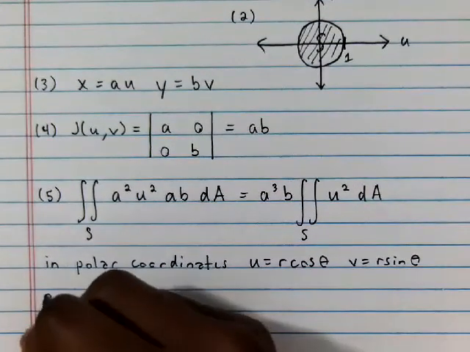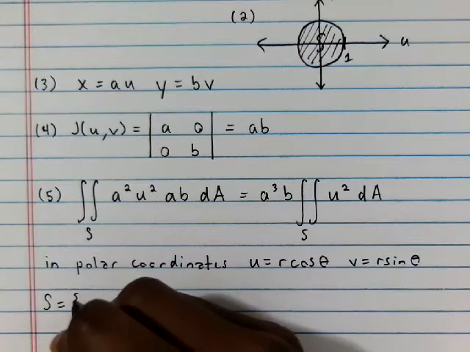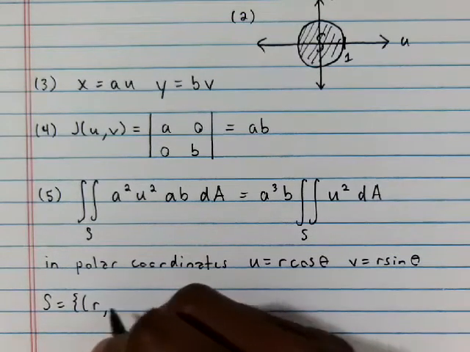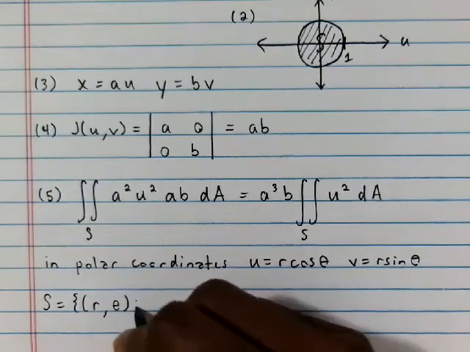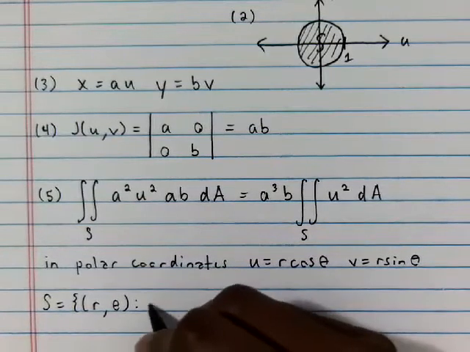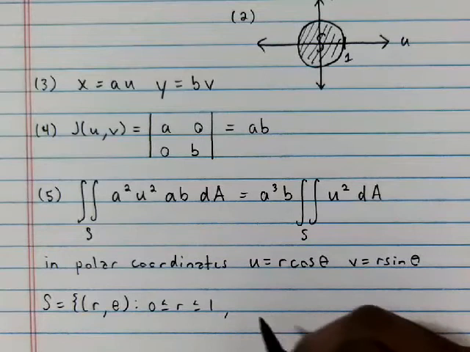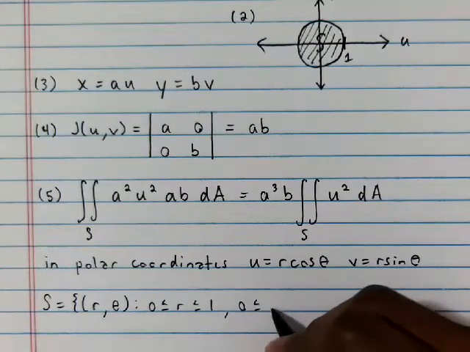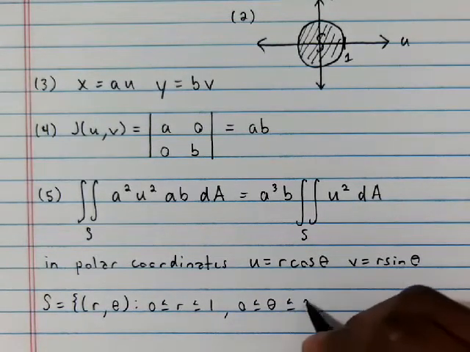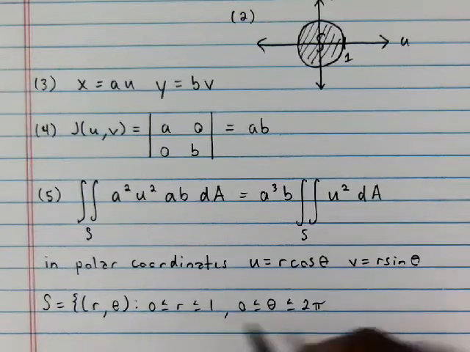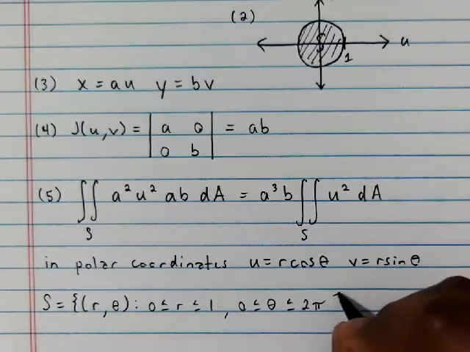So S is a set of points r comma theta such that r varies from 0 to 1, and then theta varies from 0 to 2 pi. I guess I should have written that the other way because we normally put the thetas first, but it doesn't matter.